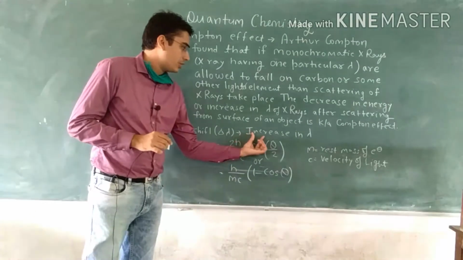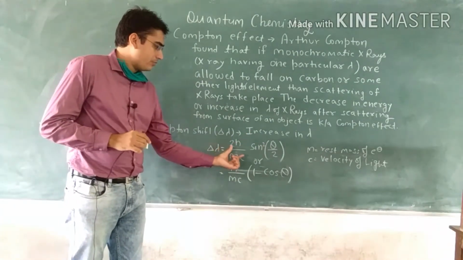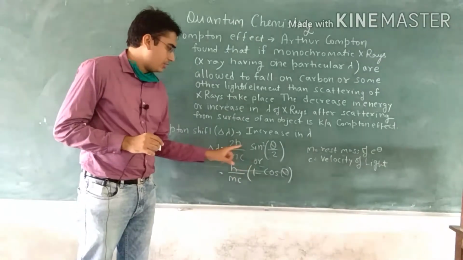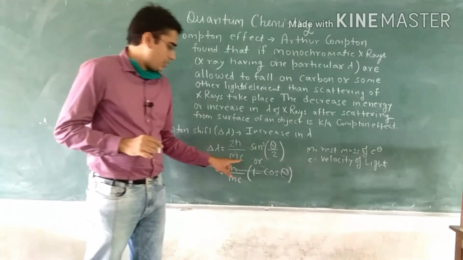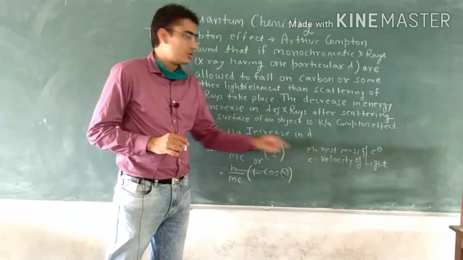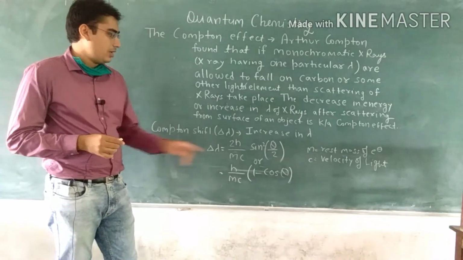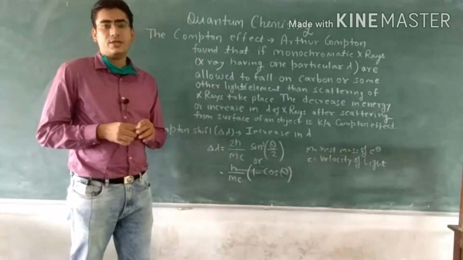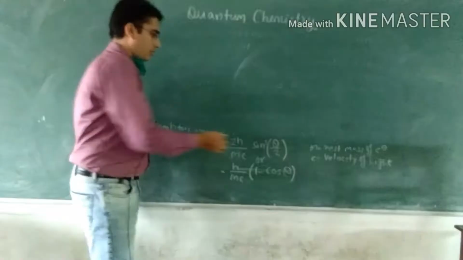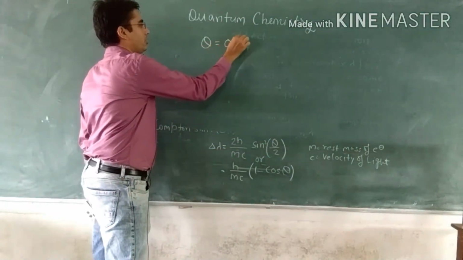It is given by the Compton shift equation, which is written as this, and this equation can also be written as this. Here m is rest mass of electron, c is velocity of light, and theta is the angle between incident X-ray and scattered X-ray. Now we take theta as 0 degree.